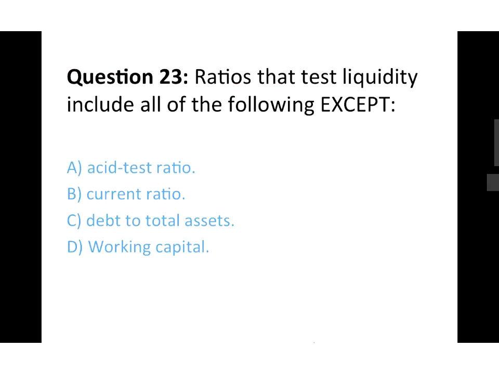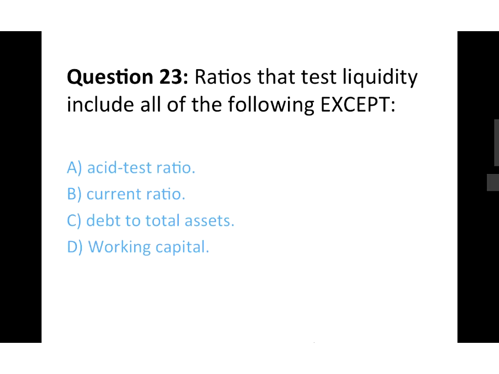Okay, so now for this question, ratios that test liquidity include all of the following. Another way to phrase this question is ratios that measure the ability to pay current liabilities. If you have the handout, it's on the front page, the lower right-hand corner one, the slide that says ability to pay current liabilities. There are 3 measures listed there.